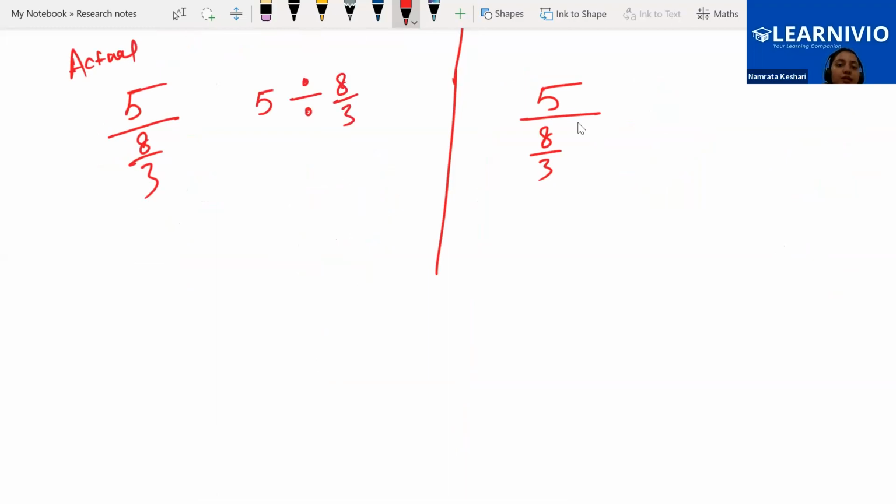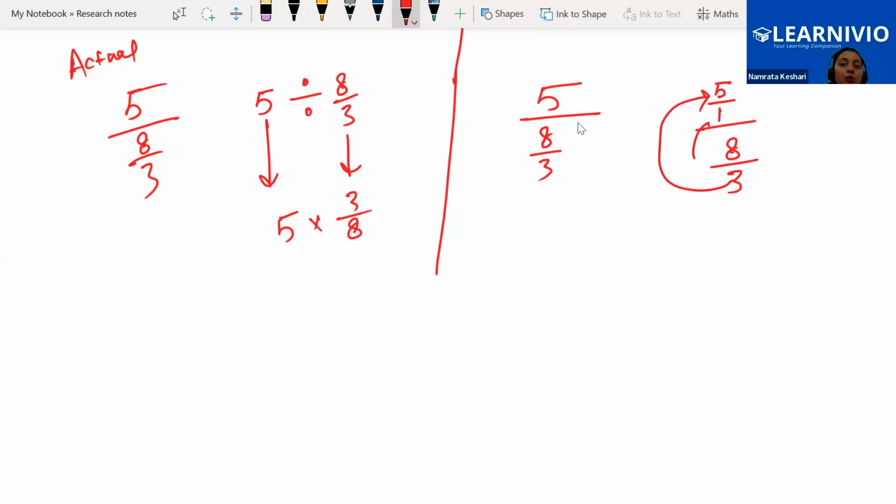In the actual method we take the reciprocal and use the multiplication sign, and this 5 by 1 or 5, whatever you write. In the other way, yes, you have to write 5 by 1 by 8 by 3, and then only will the outer multiply and the inner multiply. Getting it, Zuna? Yeah.